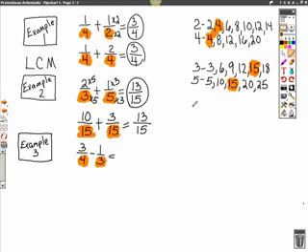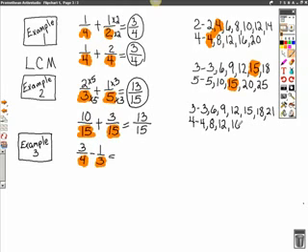So we'll go to our scratch paper and we'll write down 3, and then we'll do 4, and we'll determine its multiples. Multiples of 3 are 3, 6, 9, 12, 15, 18, 21, and they go on from there. Let's drop down and do the 4. We have 4, 8, 12, 16, 20, 24, and they go on.